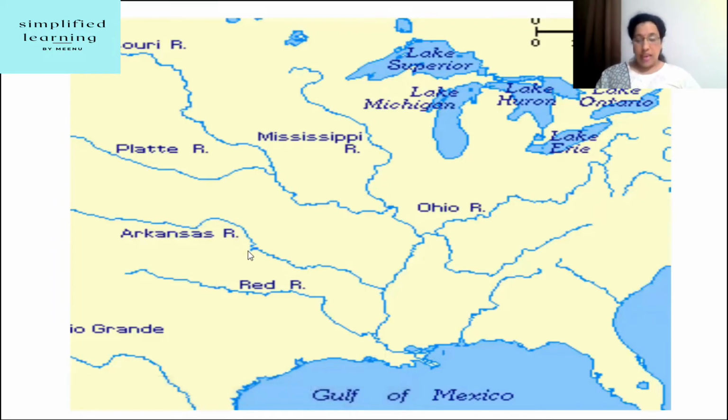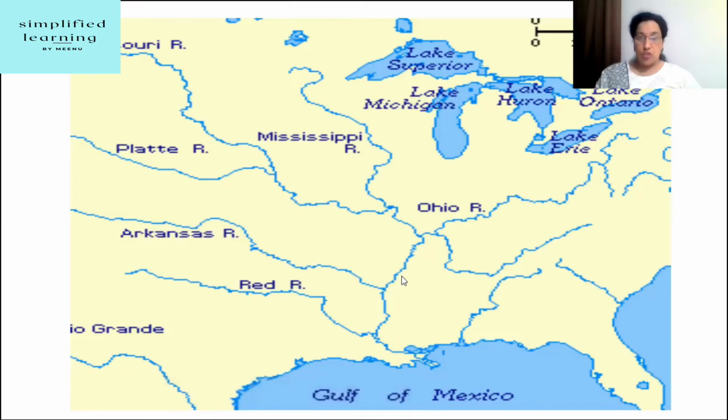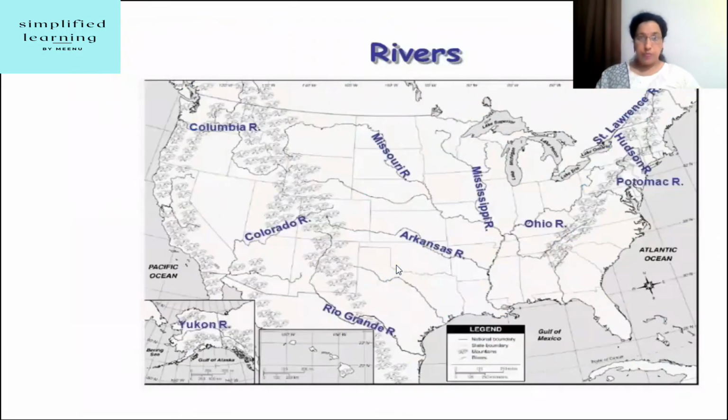All these rivers have helped in the development of the economy of North America as they provide water and fertile soil for agriculture and generation of hydroelectric power. They together flow and drain into the Gulf of Mexico, that is towards the southeastwards direction. Clear? Now let's recall some of the rivers we have already discussed.